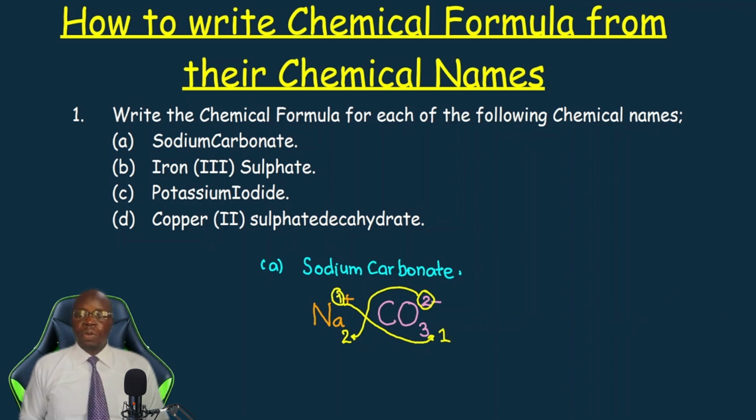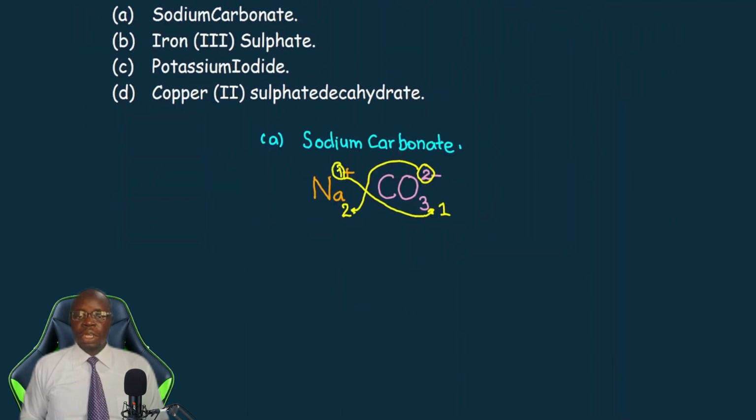Since our carbonate here has 2 elements, this one caters for all these 2 elements. So let us get more space and see how we can write this. We have sodium with our 2 that has come down here, and this radical has 2 of these elements, carbon and oxygen.